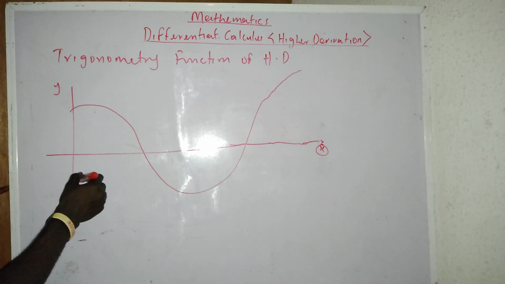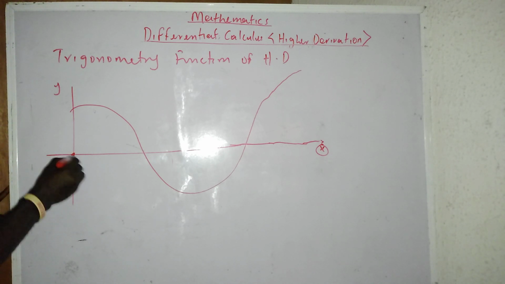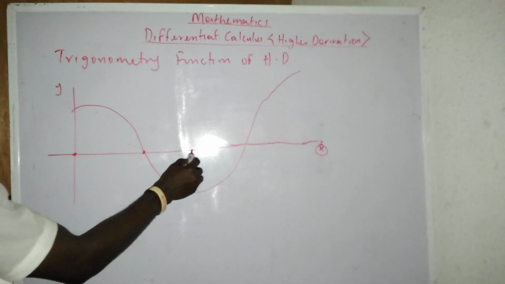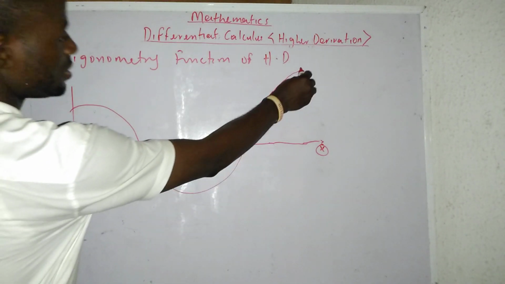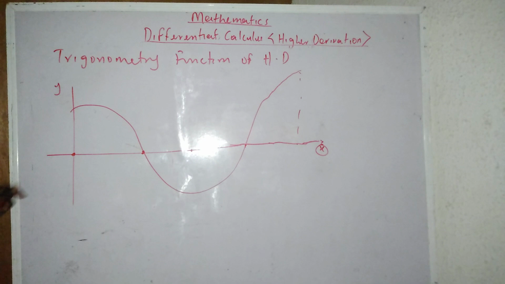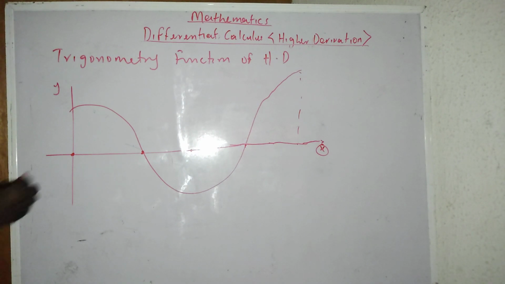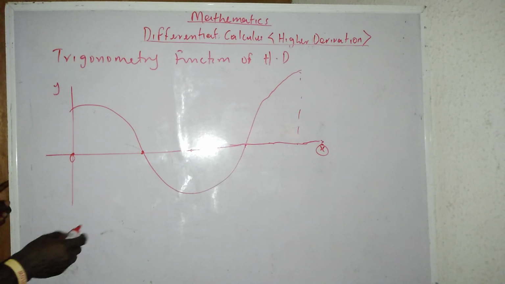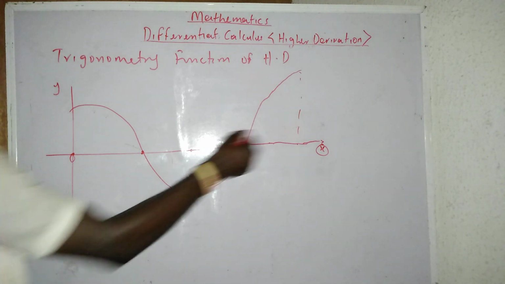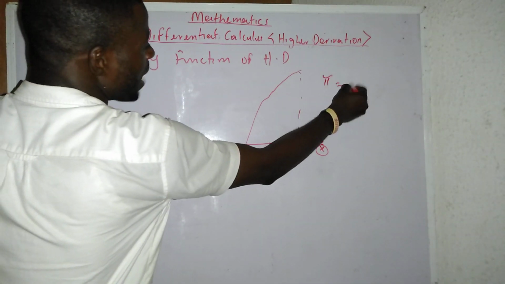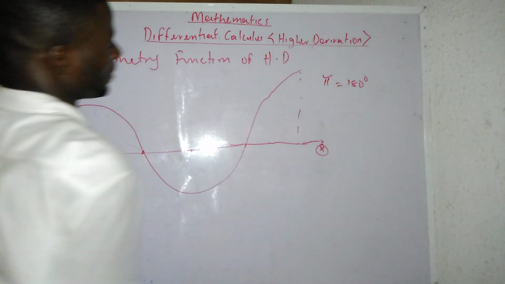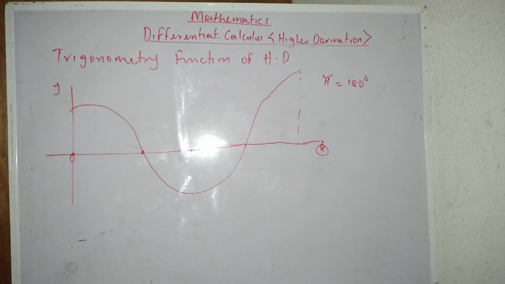At this point, first period, second, third, fourth. Yes, this one will be 0. If I'm talking about pi, my pi is 180 degrees. But pi in terms of degrees is 180, and in terms of radians it is 22/7.